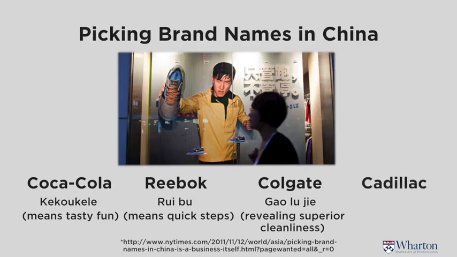And Cadillac did it the opposite way. They took Chinese characters that sounded like Cadillac, but didn't mean anything in Chinese. So when you're translating to a very different language, and an important one like Chinese because of the size of the market, there are some big issues, and there are a lot of agencies now developing to help you choose a name that will make sense in China.